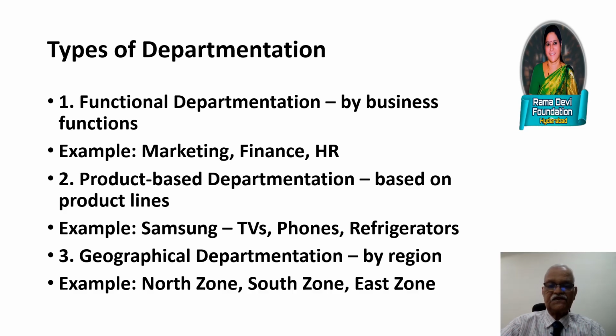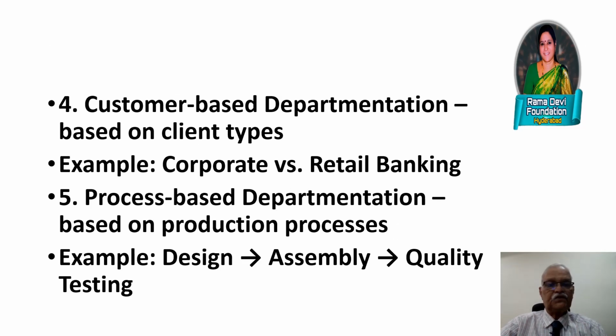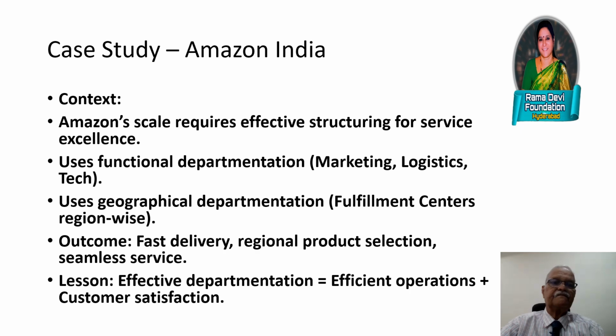Example, North Zone, South Zone, East Zone, etc. 4th, customer-based departmentation based on client types. For example, corporate versus retail banking. And 5th, process-based departmentation based on production processes. For example, design, assembly, quality testing, etc.